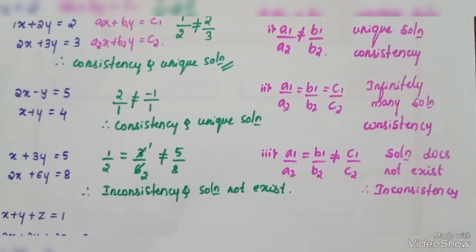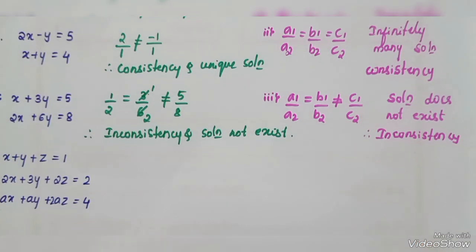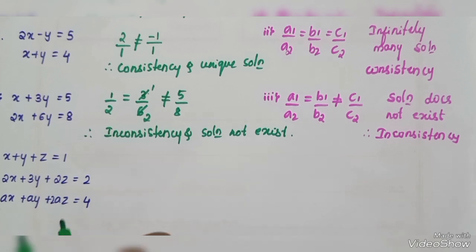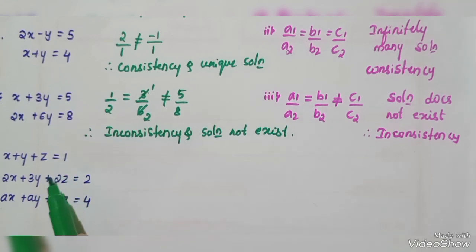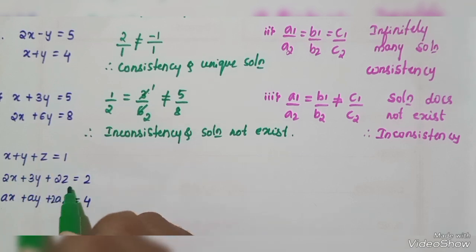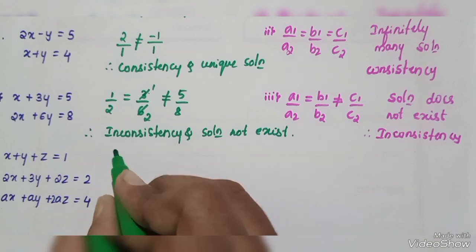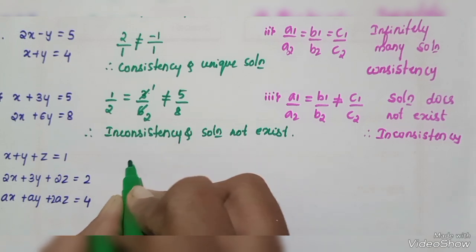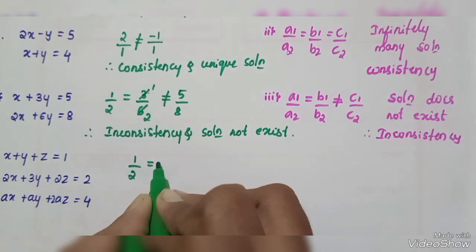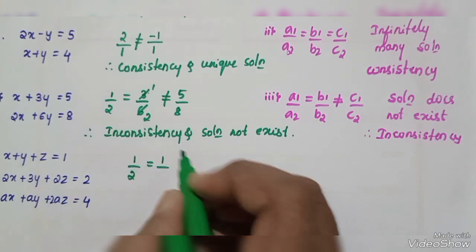Next, now check the fourth question. First we check these two equations. Check the first and second equations: a1 by a2 is 1 by 2, and b1 by b2 is 1 by 3.